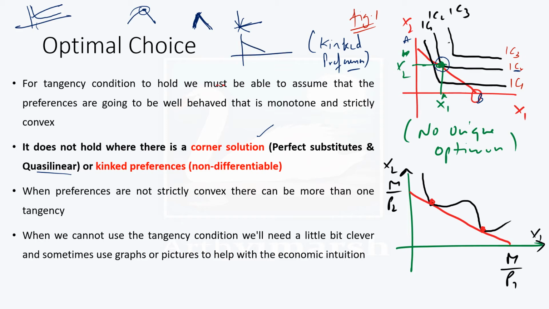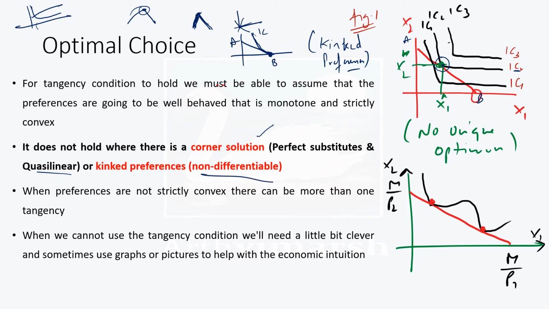For instance, if this is your budget line and your preferences are such that you again have a corner solution like this, your indifference curve will meet the budget line AB at a point like B, wherein again it's not tangent to the budget line, rather there is an intersection. Here also, as in the first example, it's more of an intersection with the budget line. It's very difficult to determine, since multiple tangents are possible through this point. So this is not in line with the condition.